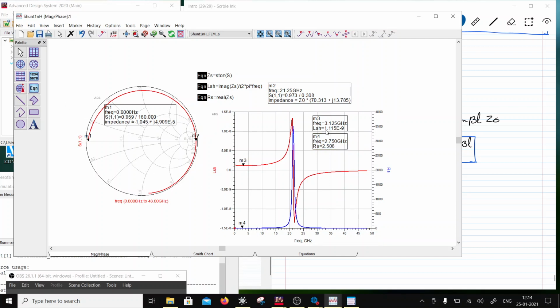Now if I was to do a shunt model, I already have a lot of stuff. The only thing is I want to find out what is the shunt value of capacitance.